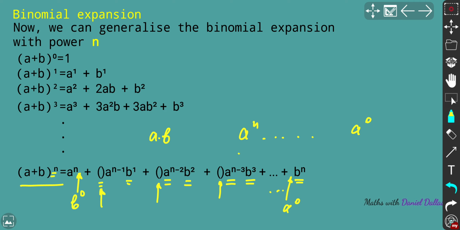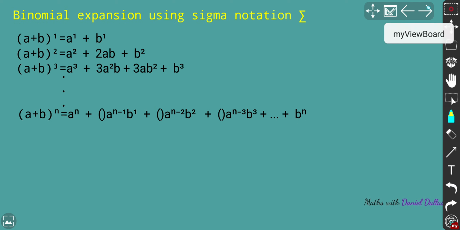As well for b, it's rising from b to the 0 that you might see here up to the maximum power of your binomial n. So that's the idea that lay behind your observations.